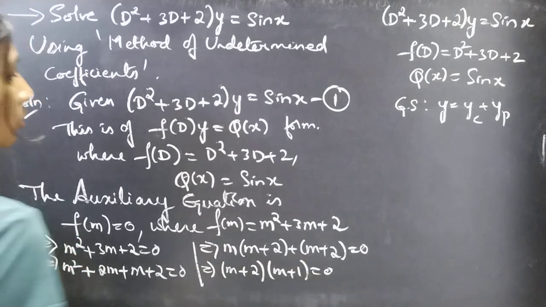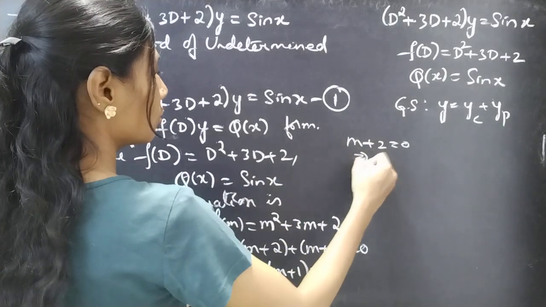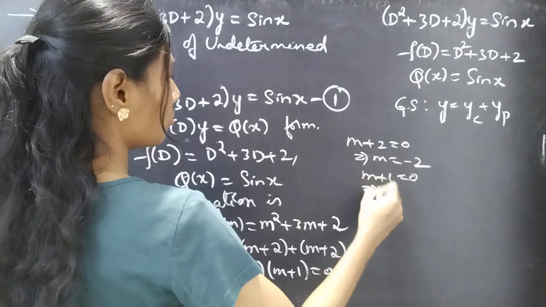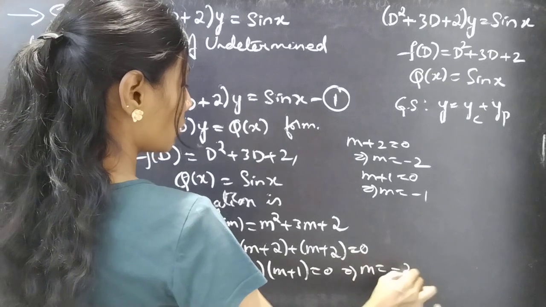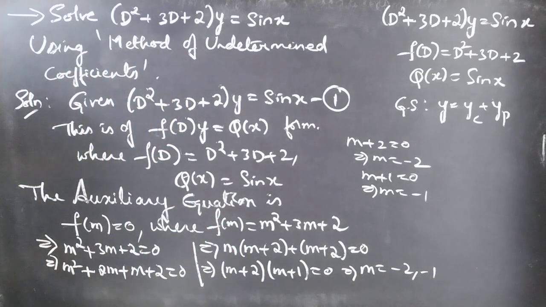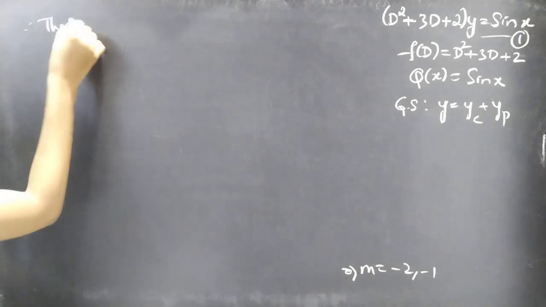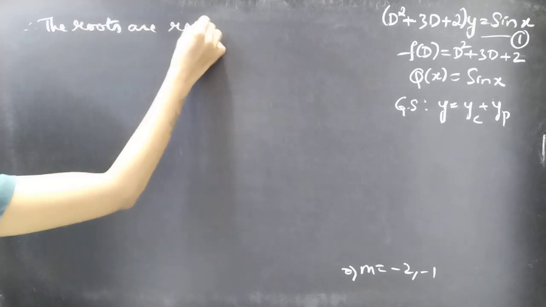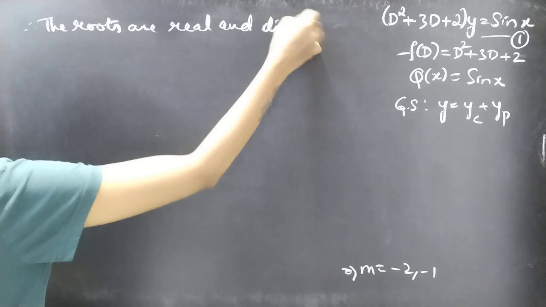Now we equate each factor to 0. When m + 2 = 0, m = -2, and when m + 1 = 0, m = -1. The roots are m = -2, -1, which are real and distinct.